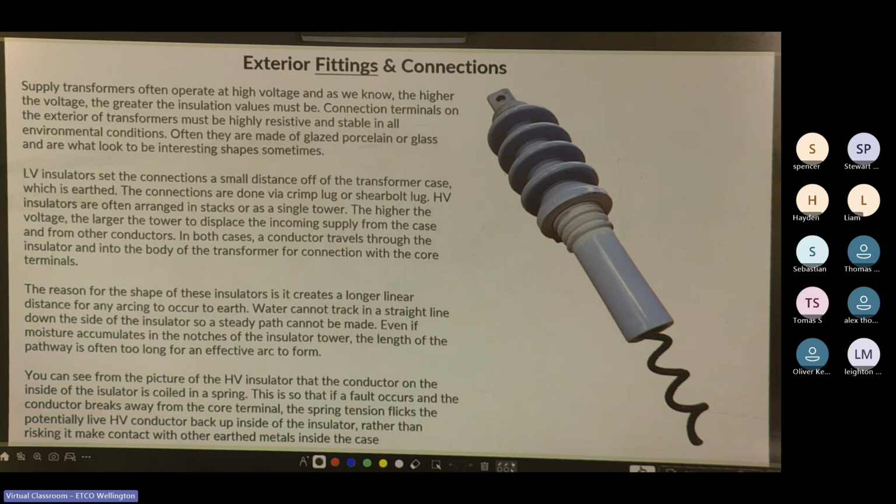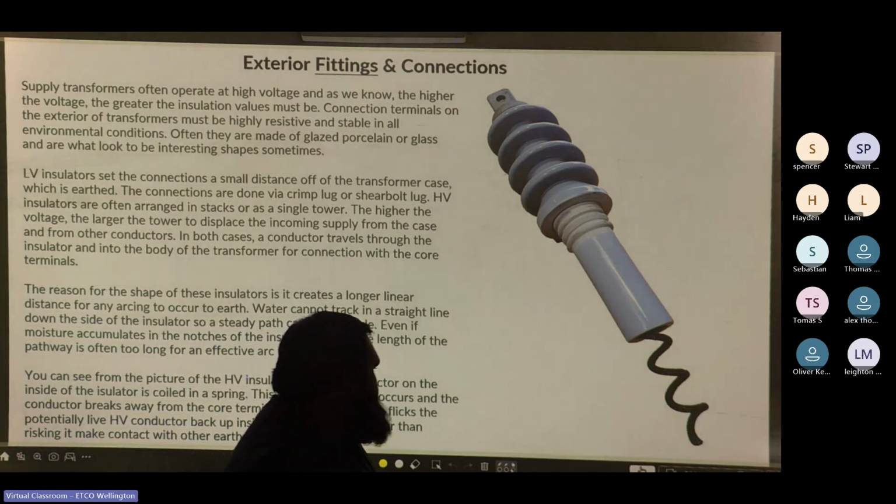So actually, I'm going to touch on this for a little bit. One of the things to note is the design of some of the insulators on the high voltage lines and on the transformers. So I'll just draw it here.